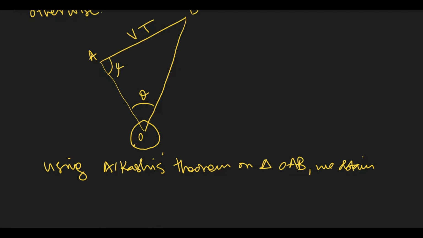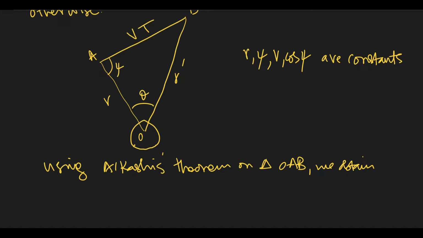We obtain, let this distance be r and this distance be r prime. Okay, so r, v and cos phi are constants.